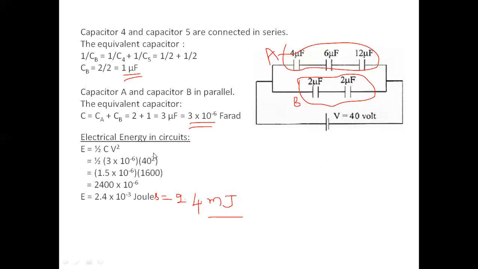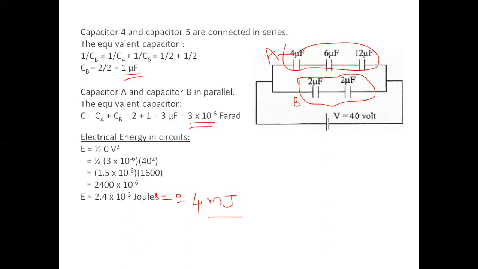This is the C value, and V square is 40 square. So after simplifying, you will get 2400 into 10 power minus 6 joules. So 2.4 into 10 power minus 3 joules, or you can say that is 2.4 millijoules. Okay, that is the unit for the energy. In this way, we need to find the electrical energy.